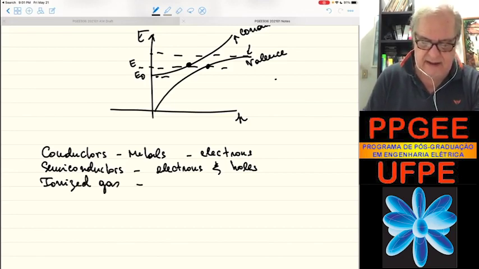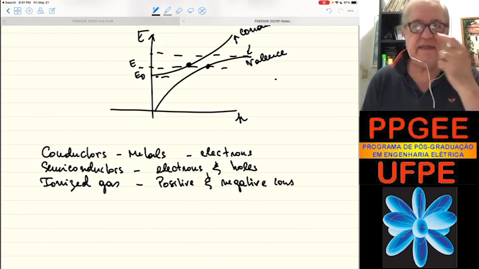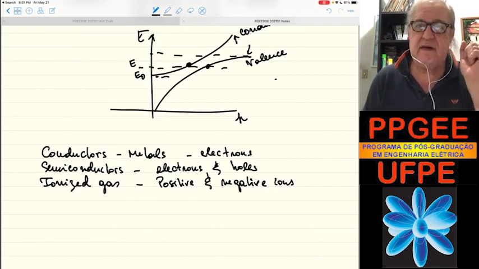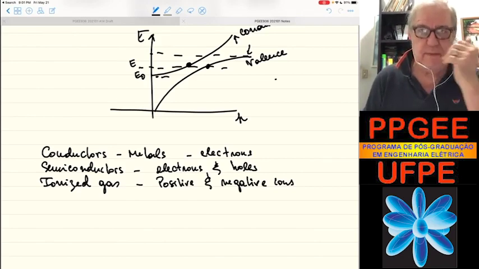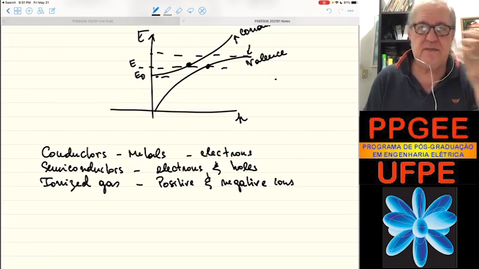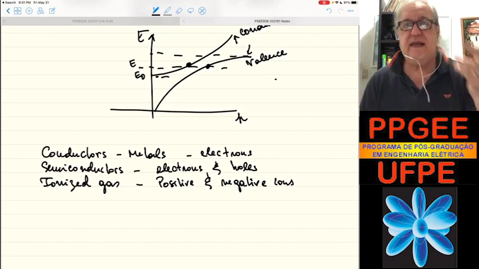You have positive and negative ions, right? You can use the current density we are going to derive in this lecture to be a representative parameter of the transport in an ionized gas.